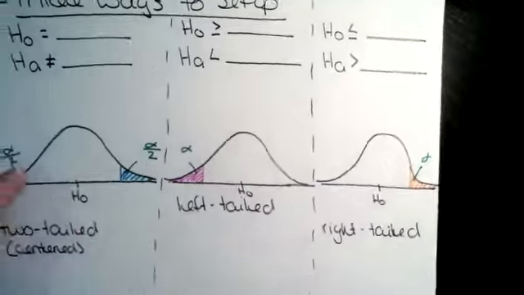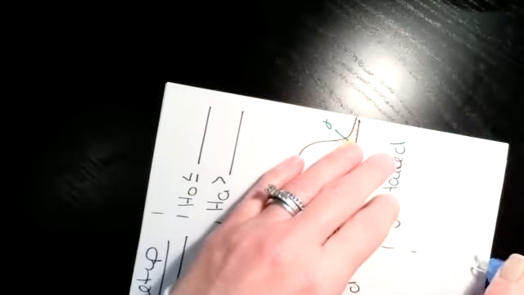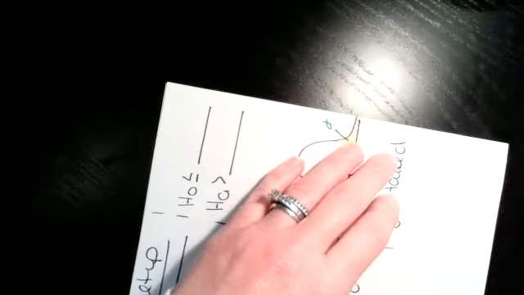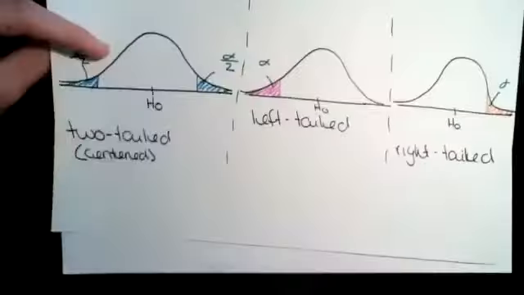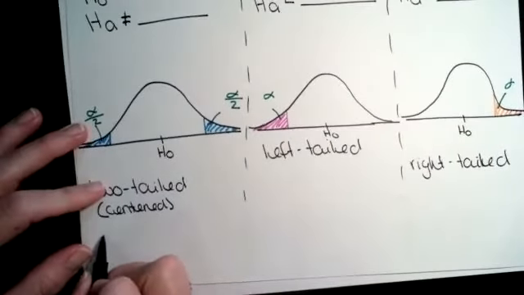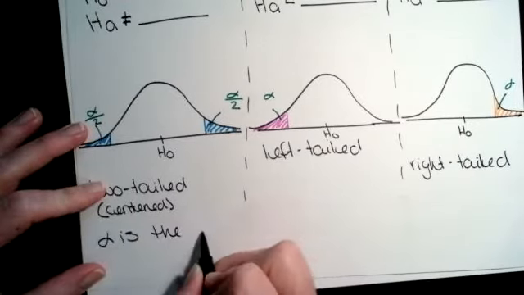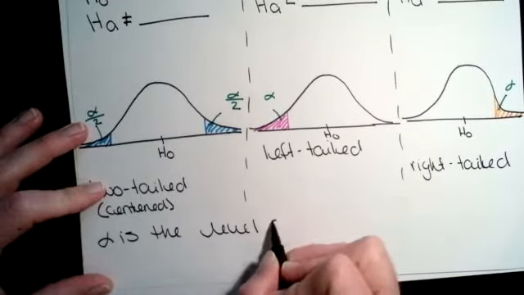I want to tell you a little bit about alpha here. Just wipe these lines out real quick. Okay. So about alpha. So alpha, we know is the area in the tail, but alpha is what we call the level of significance.